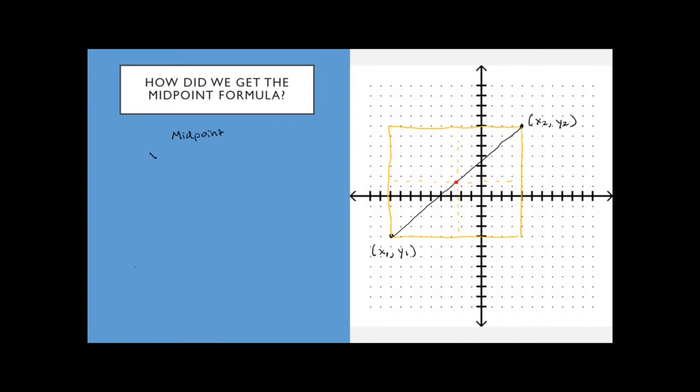It's just the average of the x values, so you add them and divide by 2, and then the average of the y values, and that's written as an ordered pair. So that is the midpoint when you think about it geometrically and visualize it.